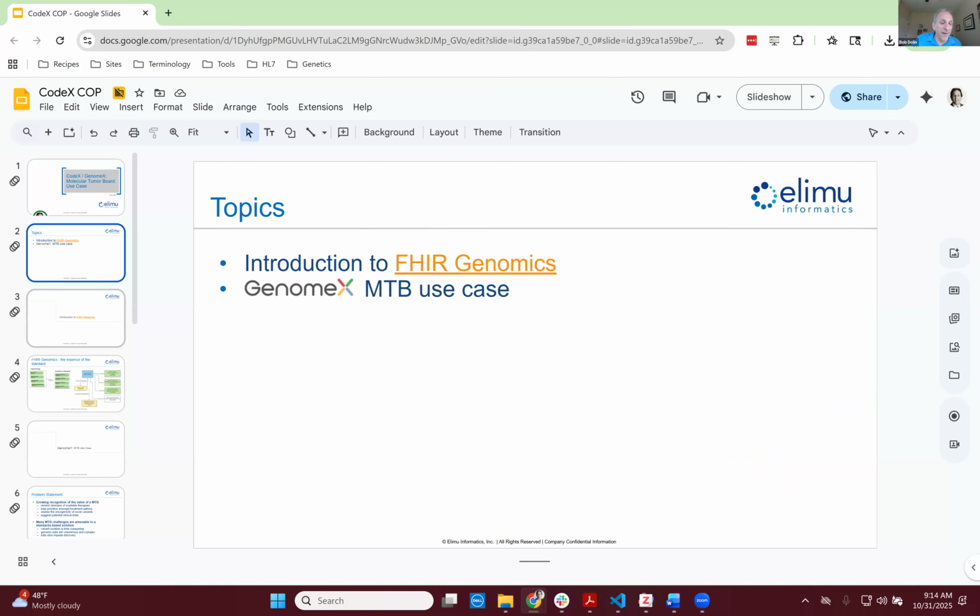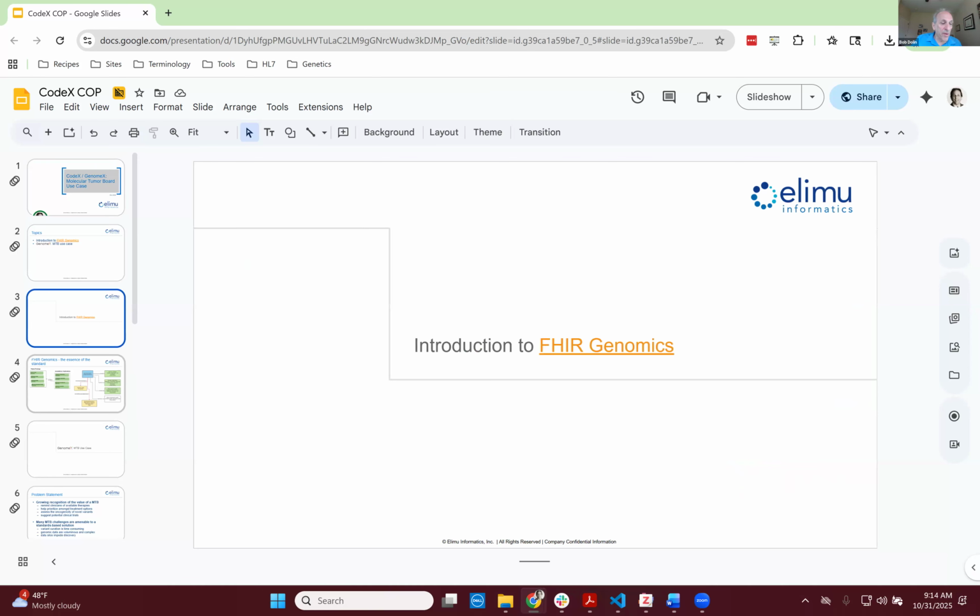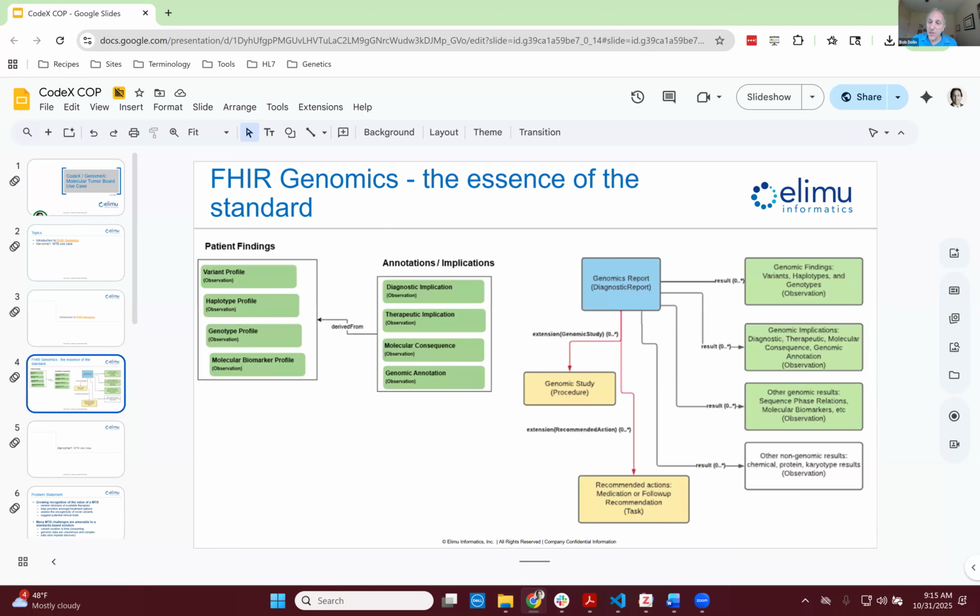But before I do that, I'm not sure how many people on the call are even familiar with the FHIR Genomics standard. So I wanted to digress for 1 minute just to introduce you to what's in this standard.